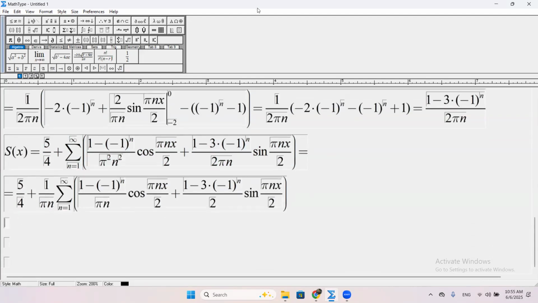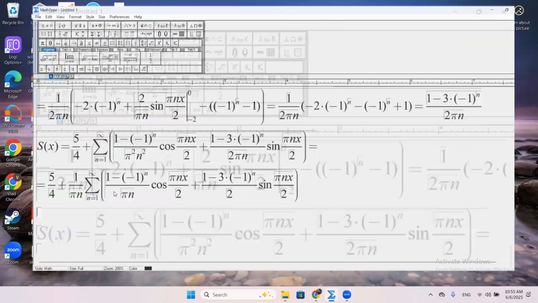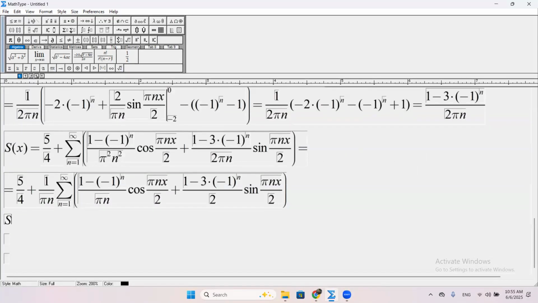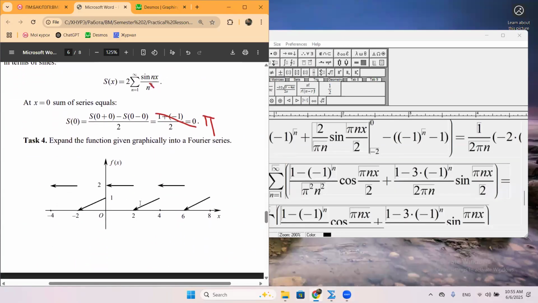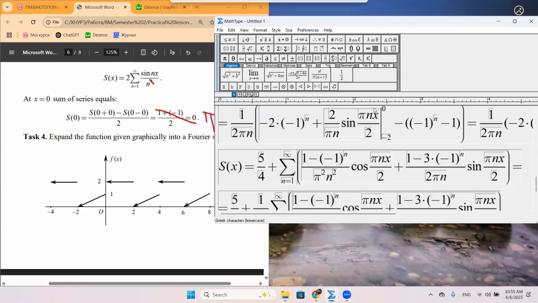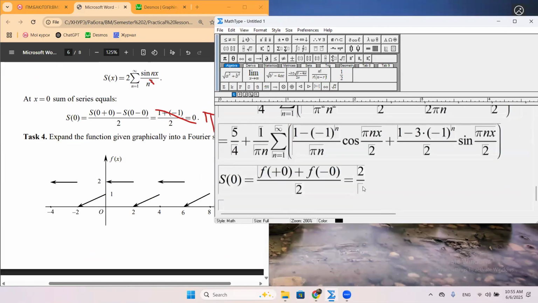Okay, and also what about the discontinuity points for this function? So S at point 0 will equal f from plus 0 plus f from minus 0, over 2. So f from plus 0 equals 2, f from minus 0 equals 1. So 3 over 2.